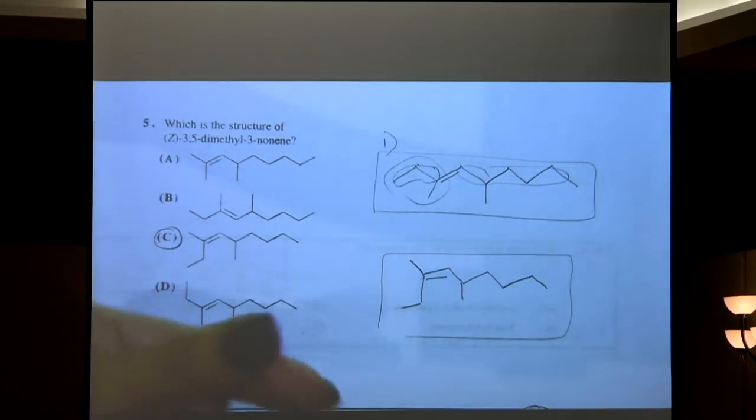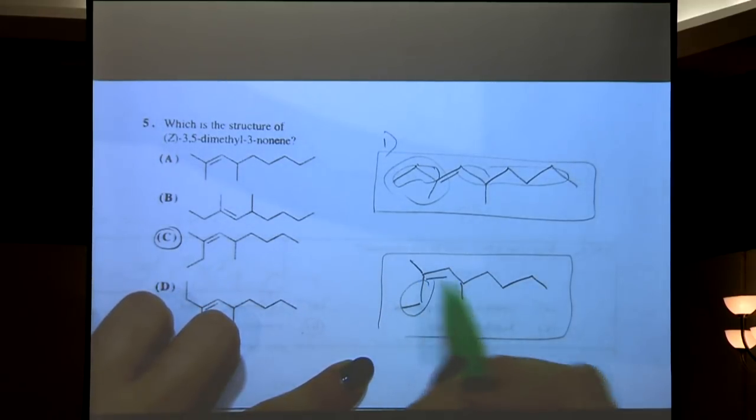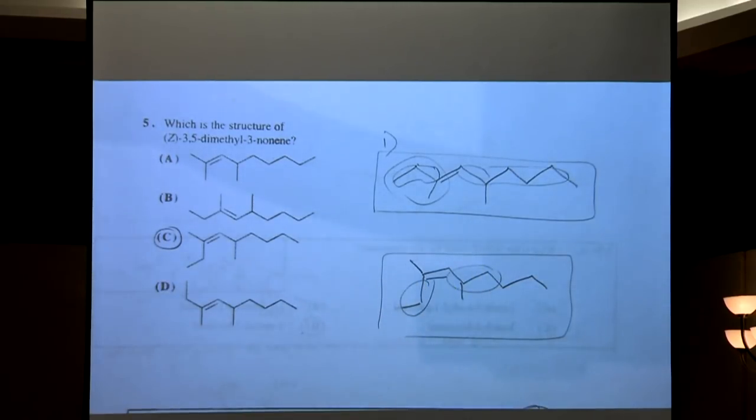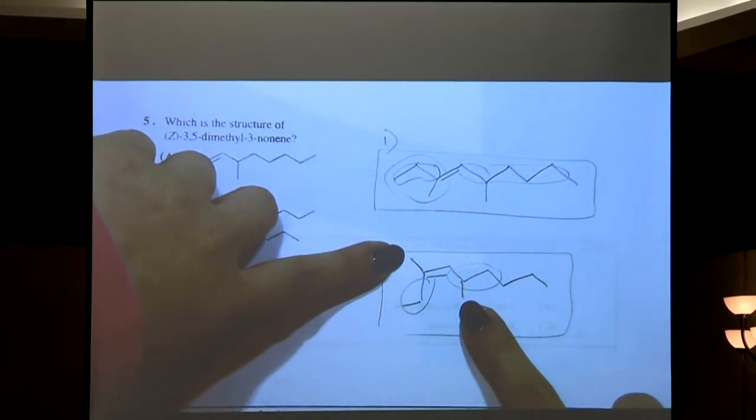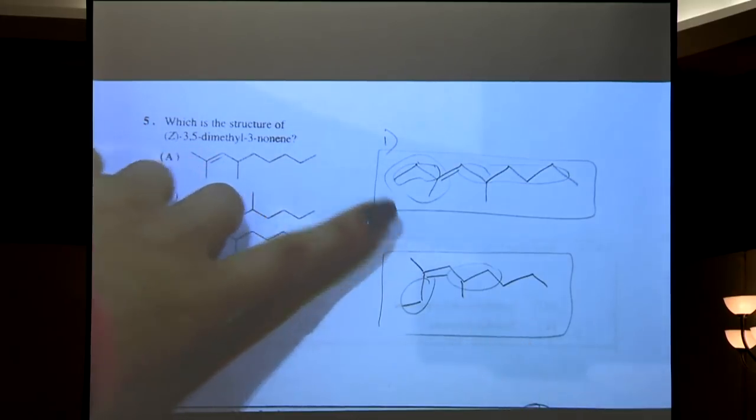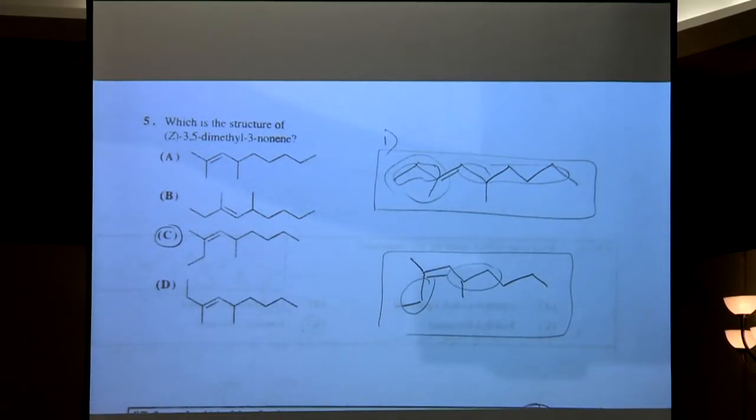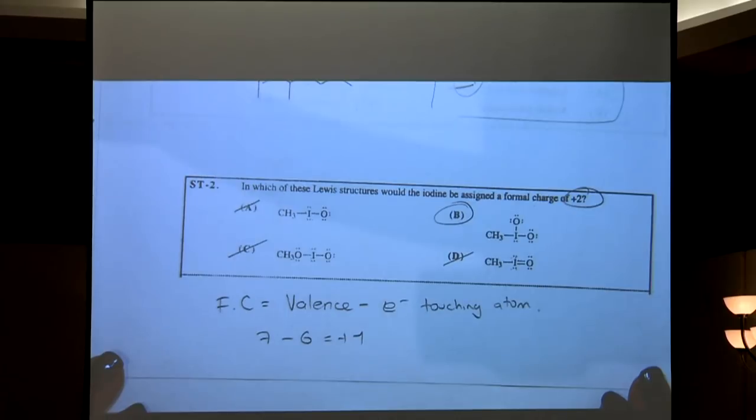So that's why I rotated it so that this larger group and this one would be on the same side of the double bond. Mm-hmm. Because we're comparing this one and that one, not these guys. Does that make sense? Yeah. Okay. Yep. Any other questions? All right. Is everyone good with that one? Cool.